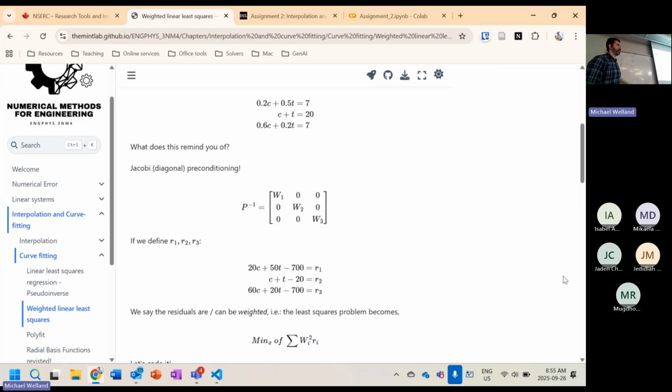Which of those two data points are you trusting more? Just because this one is kind of wacky-cacky, right? Technically, the mean is still there, but what we're going to use the weights for is to weight data by its variance.